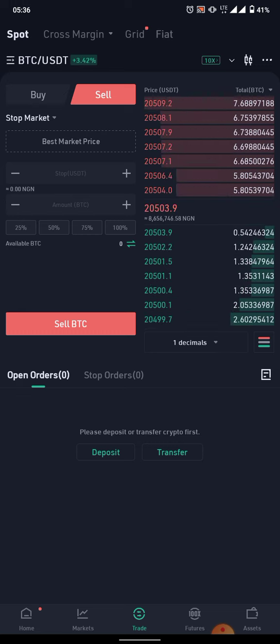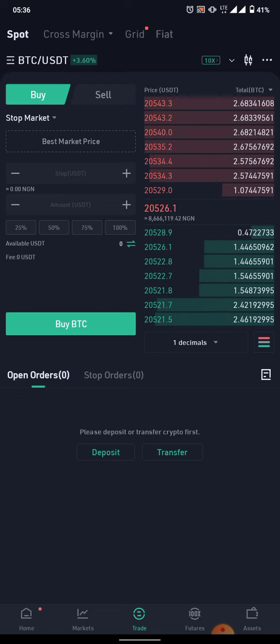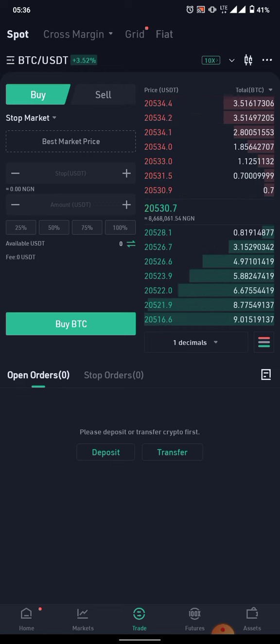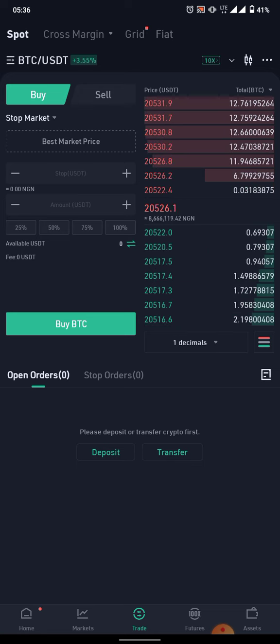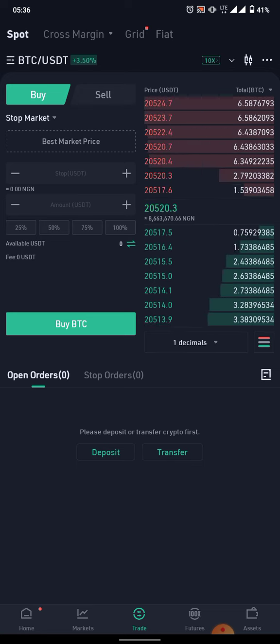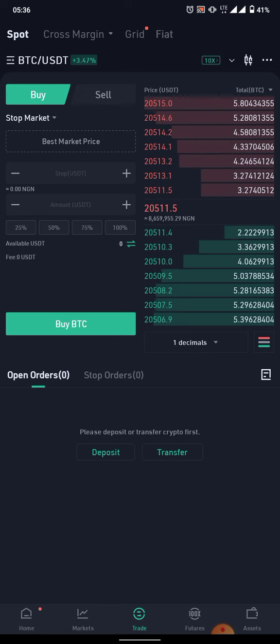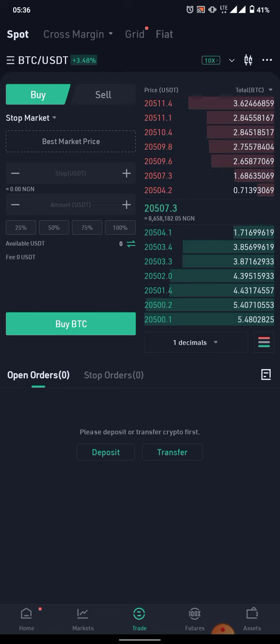Okay, so the stop market, when you use the stop market order, it means you are trying to place a limit order, but like an inverse limit order. So you remember, if you want to buy with a limit order, you can only buy at a price lower than the current market price, right? Well, let's say you want to buy at a price higher than the current market price.